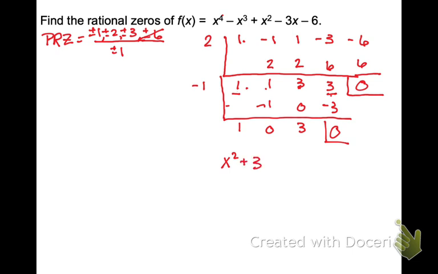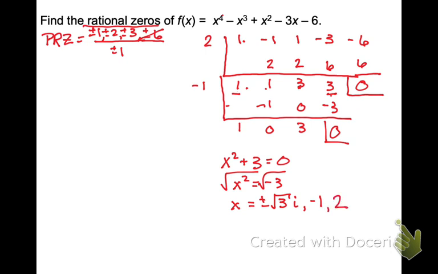To solve this, subtract it through. So x squared equals -3, and I get x equals plus or minus the square root of 3 i. And -1 and 2. So these are all the zeros.